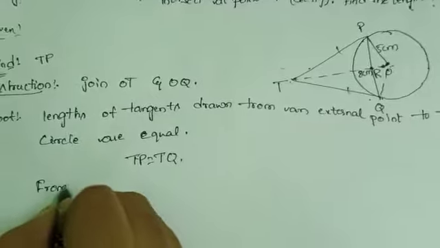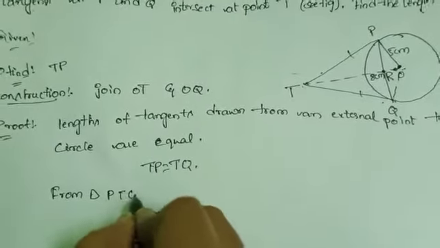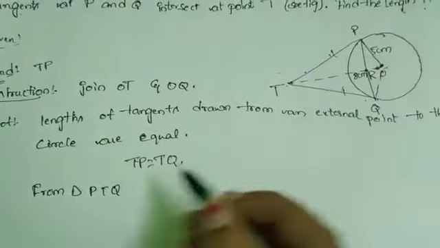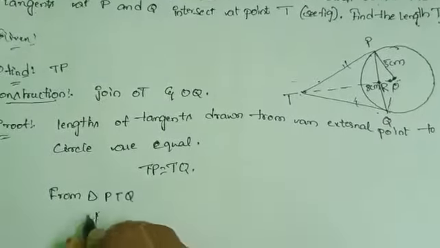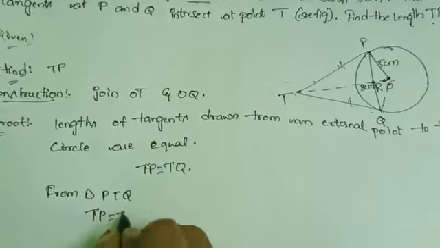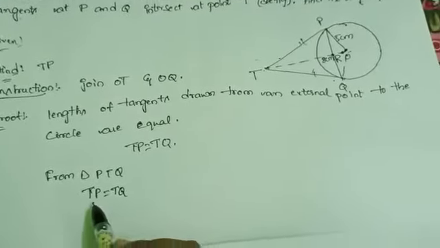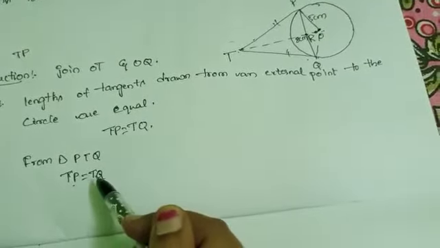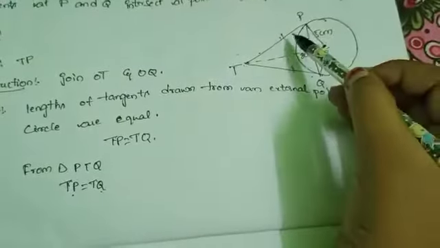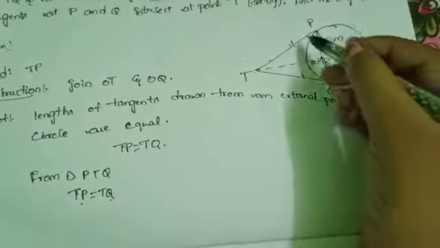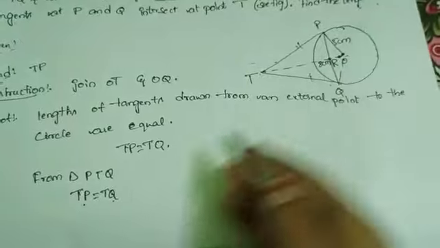From triangle PTQ, TP equal to TQ, so it is an isosceles triangle. In a triangle, if two sides are equal, then it is an isosceles triangle.